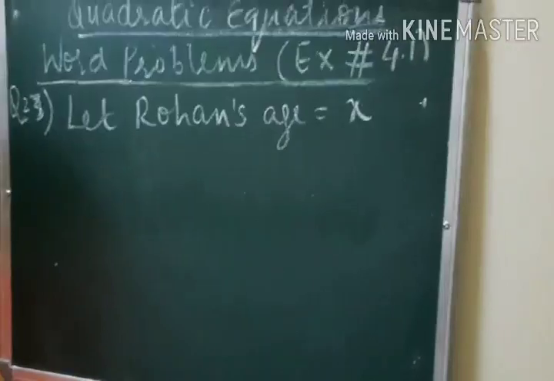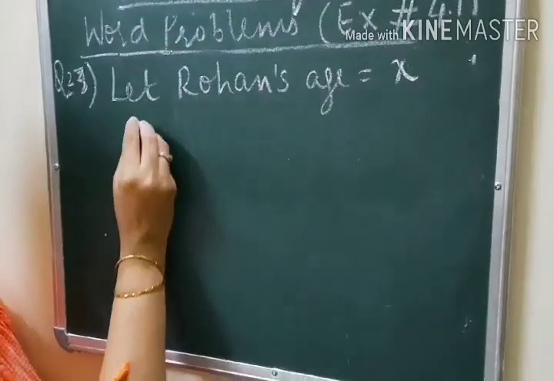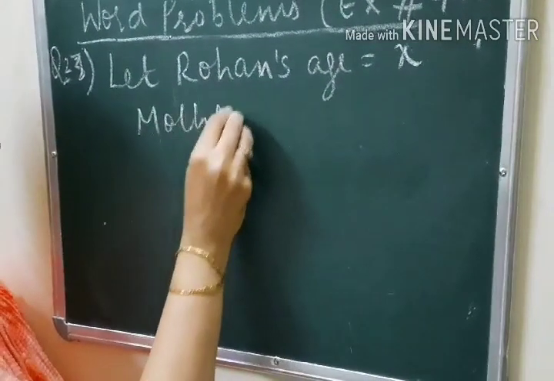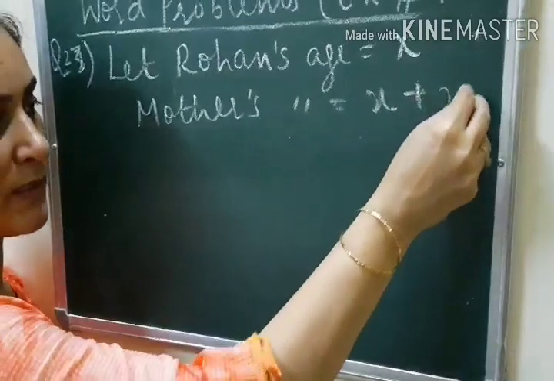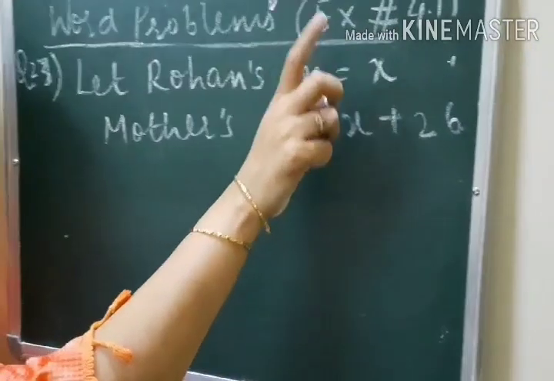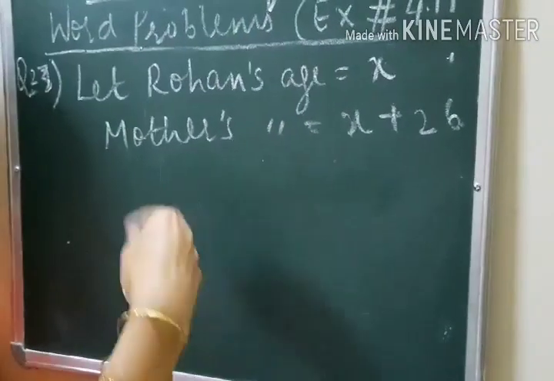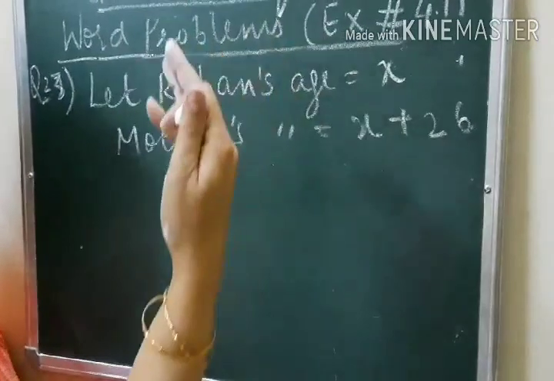But for his mother's age, we know that she is 26 years older than him. So mother's age will be x plus 26. Right? Rohan's age we don't know, so we have taken as x. Now as mother is 26 years older than him, that means she will be x plus 26.